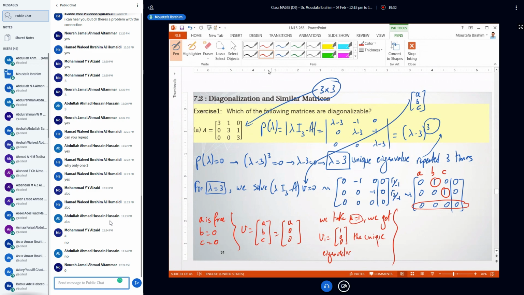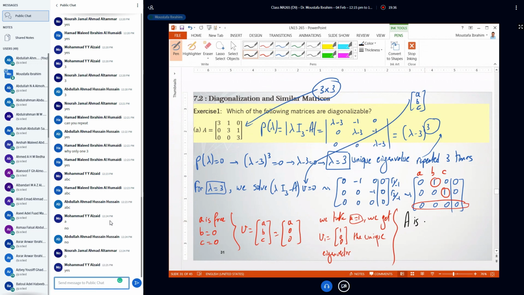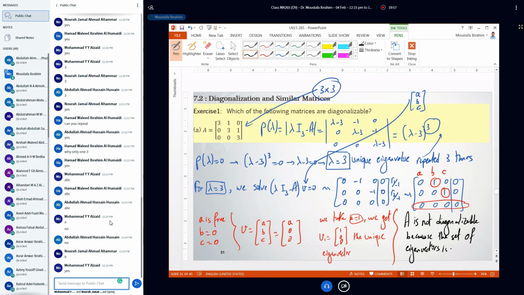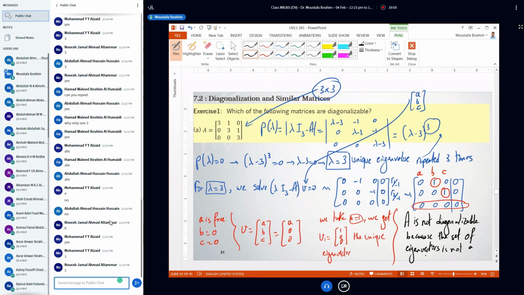So is it possible that A is diagonalizable? Not diagonalizable, because the set of eigenvectors is not a basis. How many eigenvectors do we have? One. It cannot be a basis for R3.